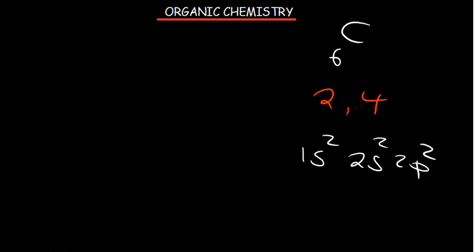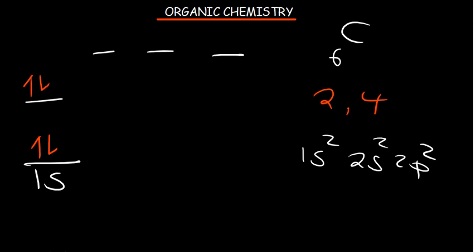So the ground state, of course, is going to be, you have 1s, then you have 2s, then you have 3 p orbitals. This one has got 2 electrons, the s has 2 electrons, then the p has got 2 electrons, so 1 and 1. Do I have to explain all these things? I'm sure we looked at this together, right?